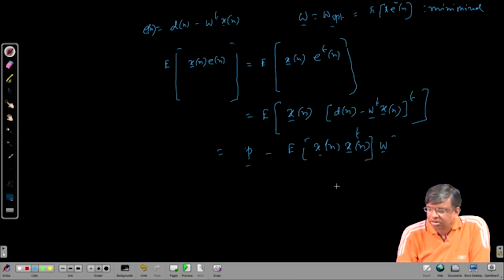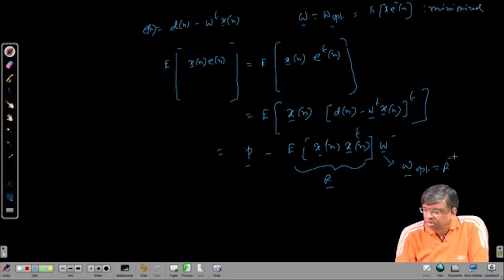So, I can put it here, and this is my R, and this W is W opt, that is when I use W opt, which is R inverse P. So, R and R inverse cancel, identity matrix.